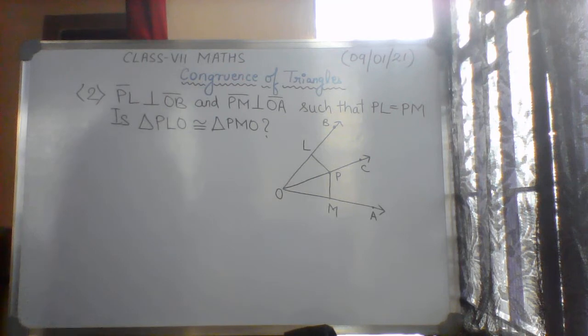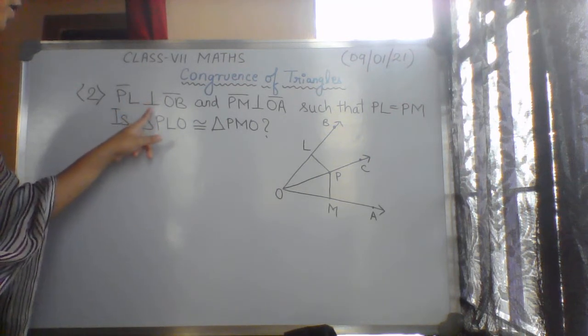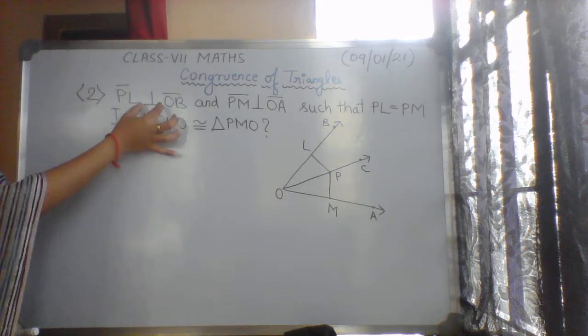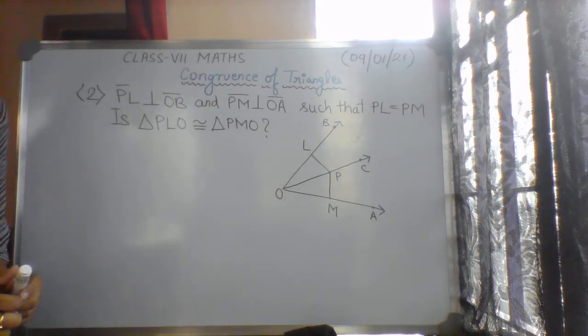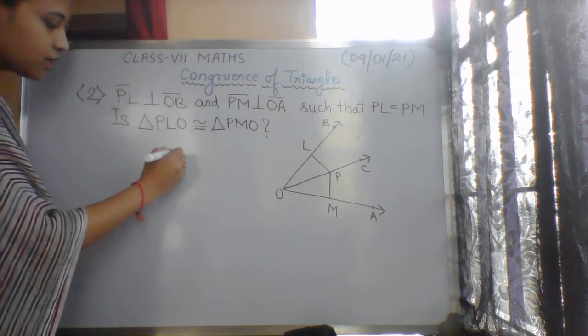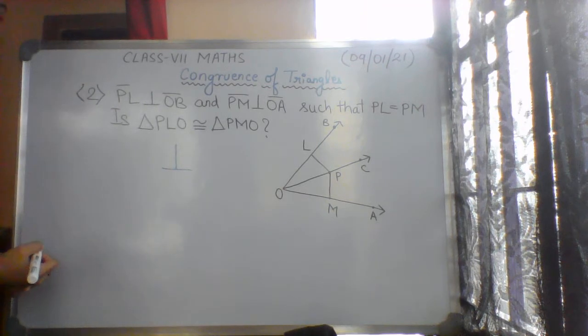Here it is given line segment PL perpendicular. All of you know this inverted T like sign. It is the perpendicular sign. I think all of you know what is the perpendicular sign. What is the sign for parallel lines, to show two lines are parallel?